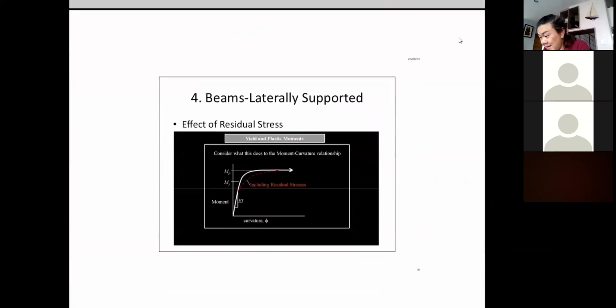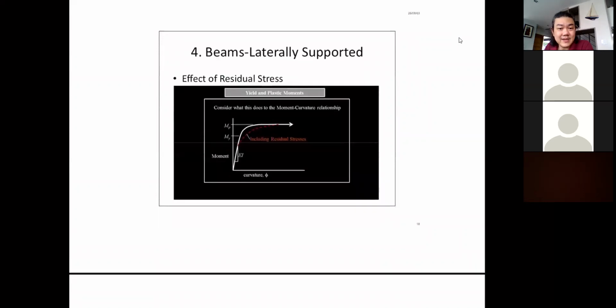All right. You have been exposed to the residual stress before in compression member, and it's going to play a part here too.